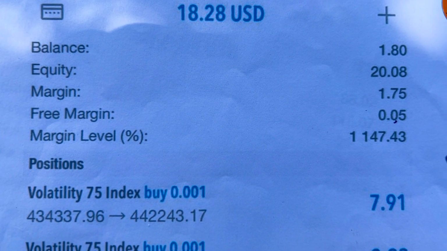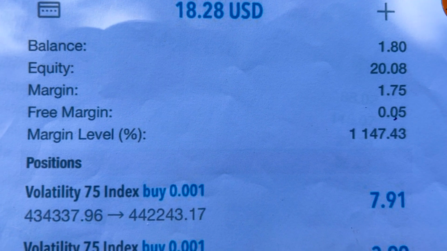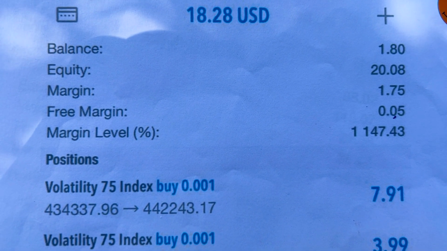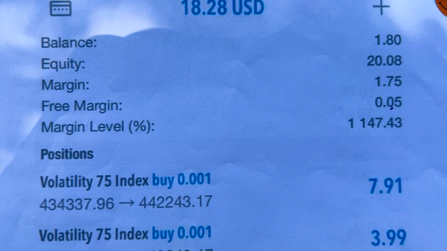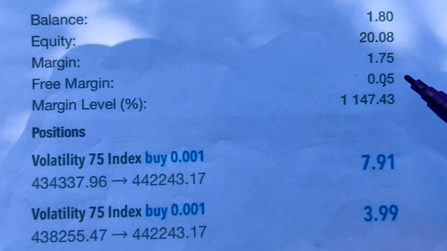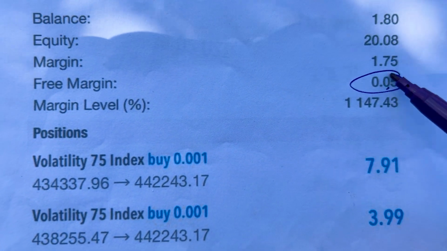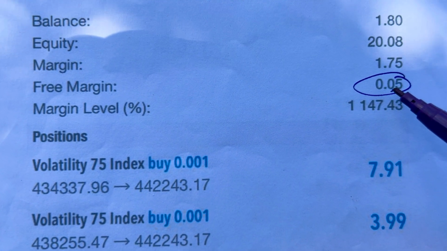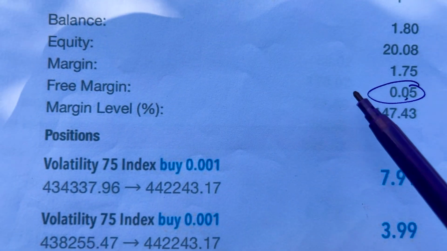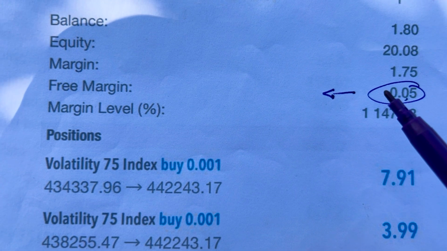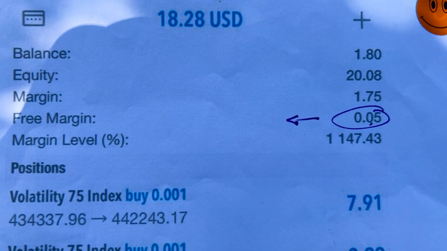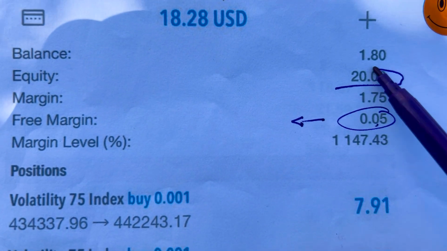So be careful of other traders trying to advertise their business to you, exposing you to this market environment where you're going to be trading the indexes, and you won't know for sure what's happening with the free margin. The free margin will only move in this direction, down, given that you're losing equity.